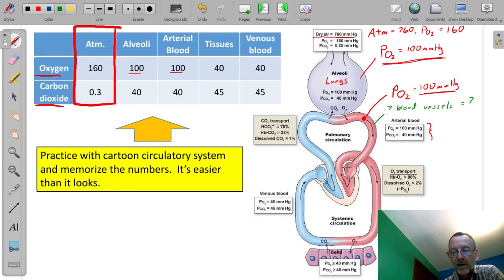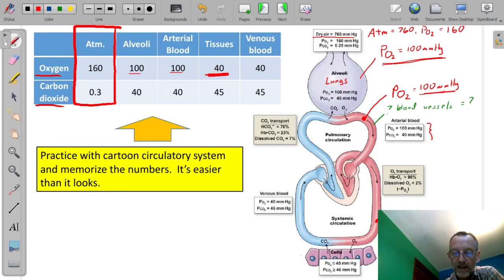There's no capillaries in the heart where we're doing gas exchange, so you just continue on to the systemic circulation. What's the partial pressure of oxygen? Still 100. No capillaries, no change. Now we get to the tissues. And back to our table at the top left, at the tissues, the partial pressure of oxygen is 40.